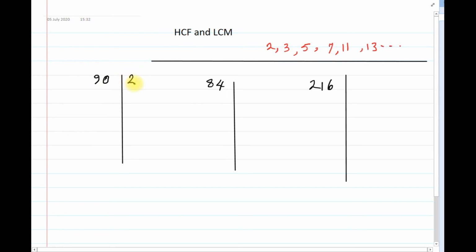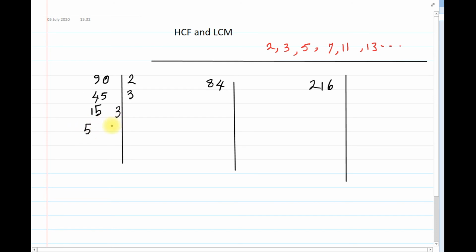It is. So 90 divided by 2 is 45. Is 45 divisible by 2? No, but 5 and 4 make 9, so it is divisible by 3, which gives us 15. 15 is divisible by 3, which will give us 5.